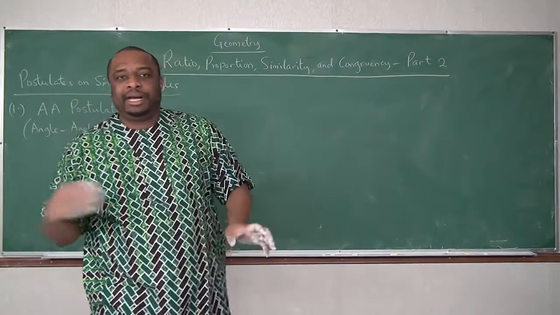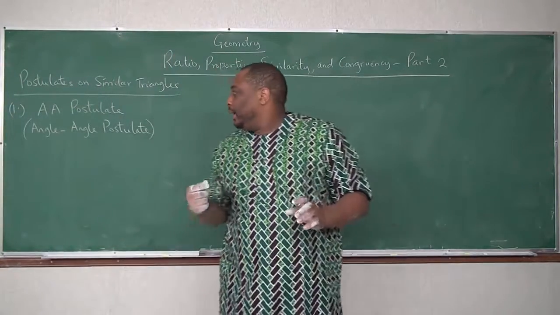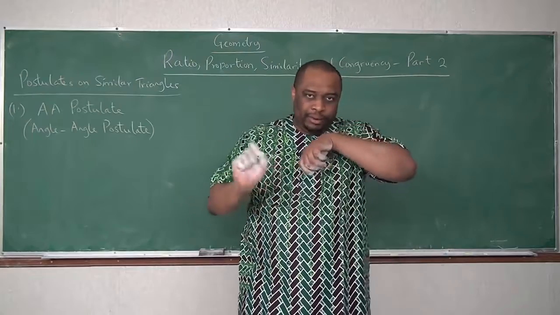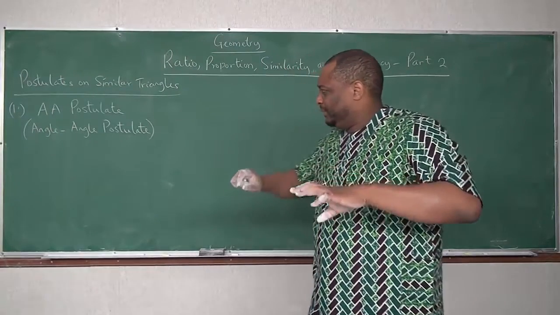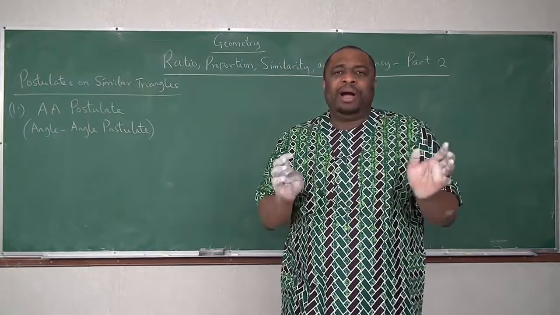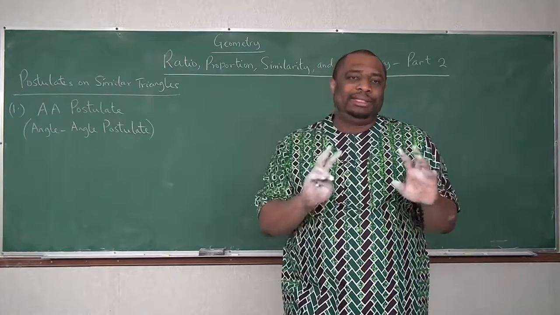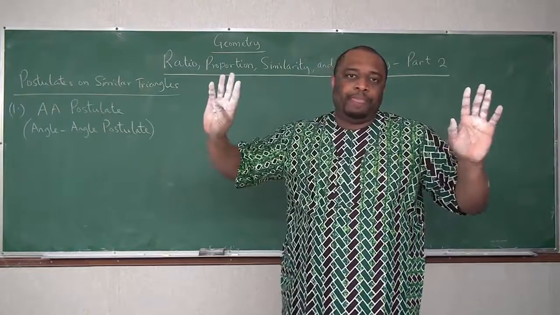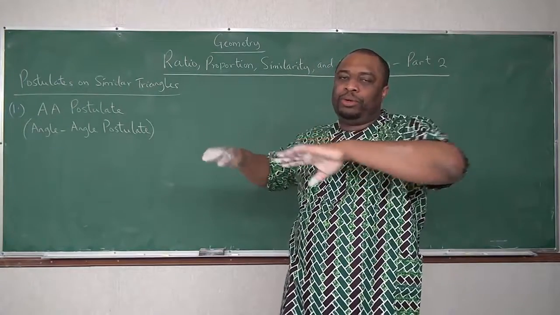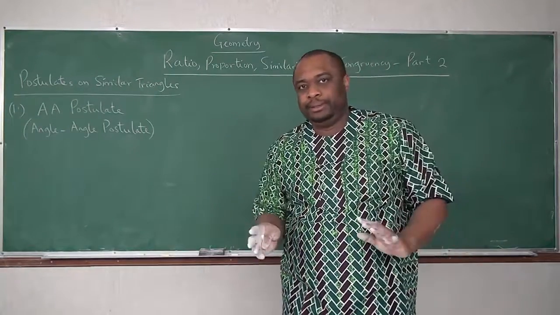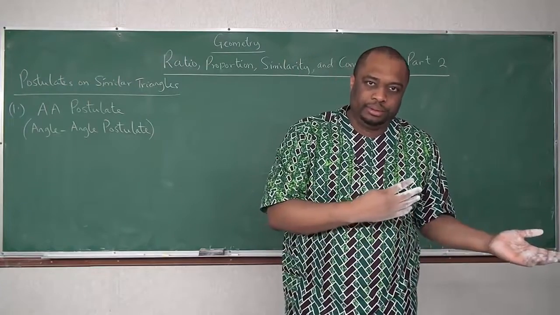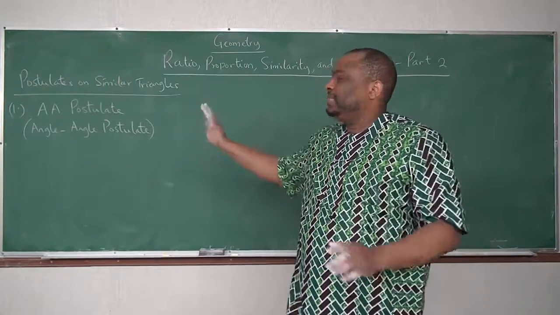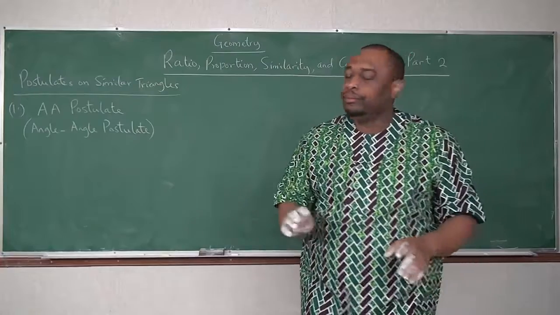What is this talking about? You can write down: the angle postulate states that, remember this is on similar triangles. The theorem we did was on similar polygons, which includes similar triangles, but this is just similar triangles.